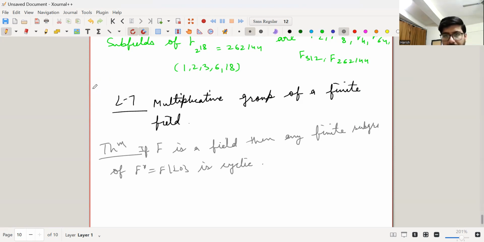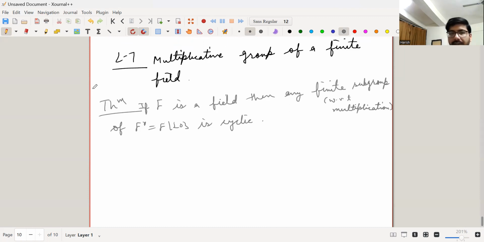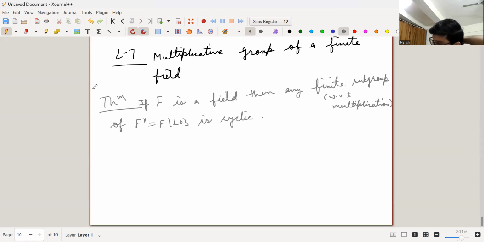So here by subgroup I mean the subgroup with respect to multiplication, because F star forms a group under multiplication. So any subgroup of it as a multiplicative subgroup must be cyclic. And in particular, F star is cyclic.